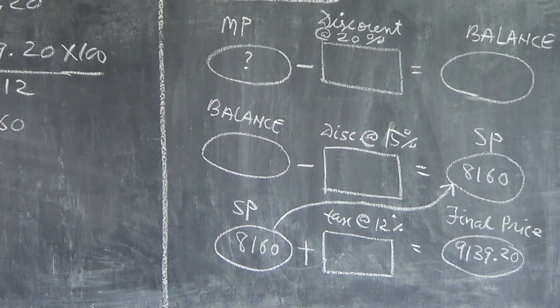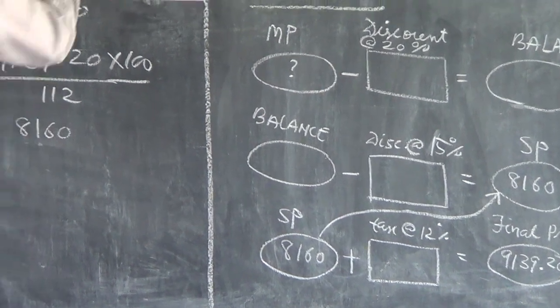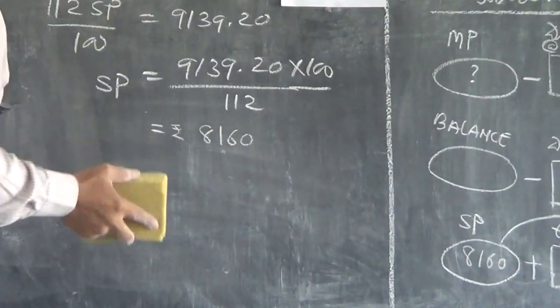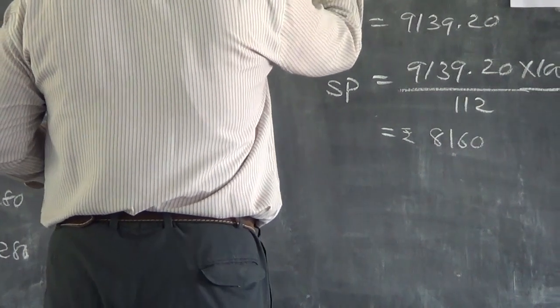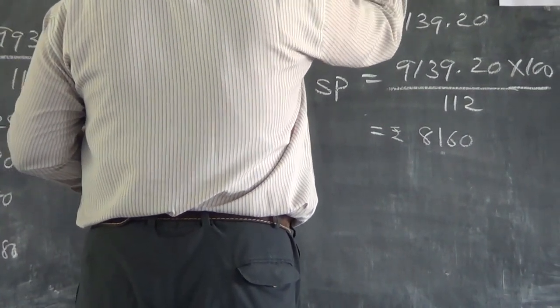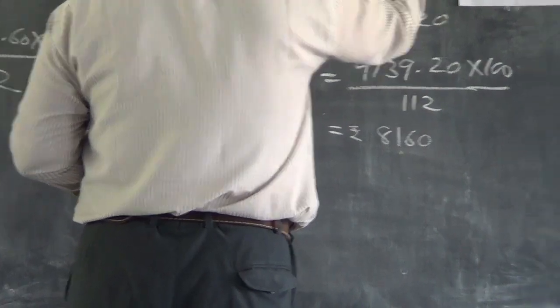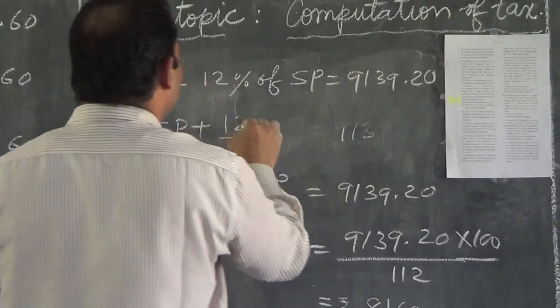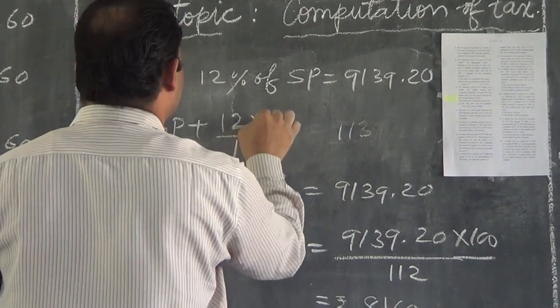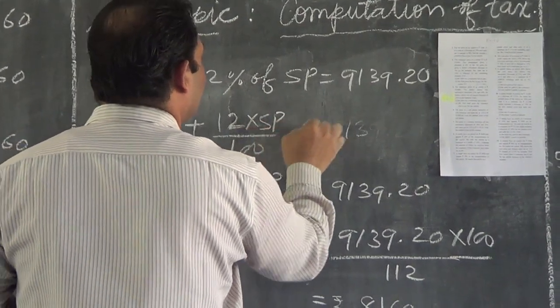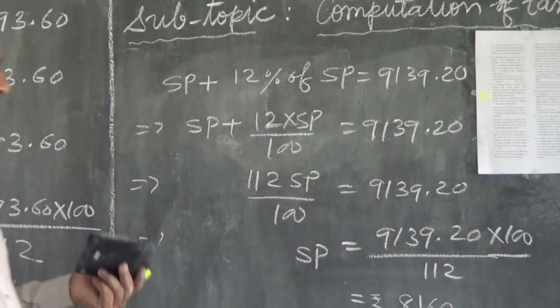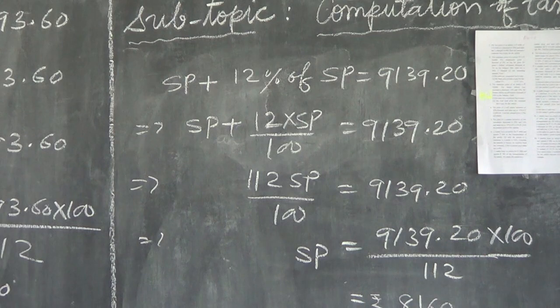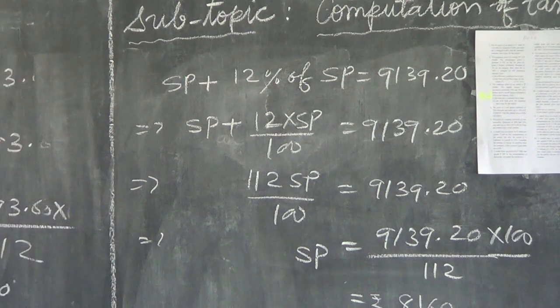Sorry, I wrote this one, I need to write the other side. SP equal to 9139.20, then 12 into SP, 9139.20.